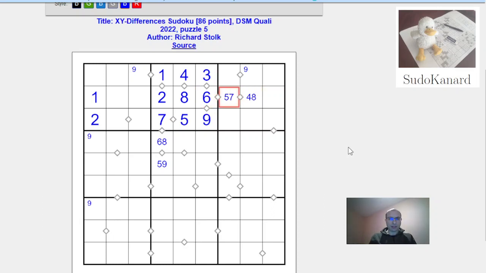The interesting part is that this digit is not here and has to appear here. This is 4 or 8. And the second digit is a 6. 4 wouldn't be here, so if it's a 4 we have 4, 6. And if this is 8 we have 6 and 8 somewhere here.